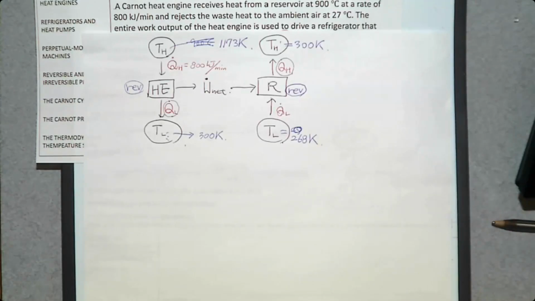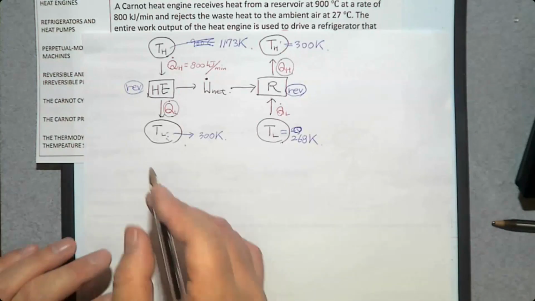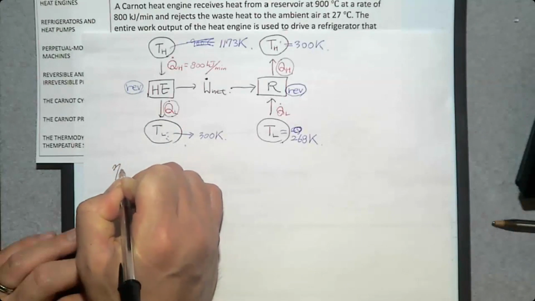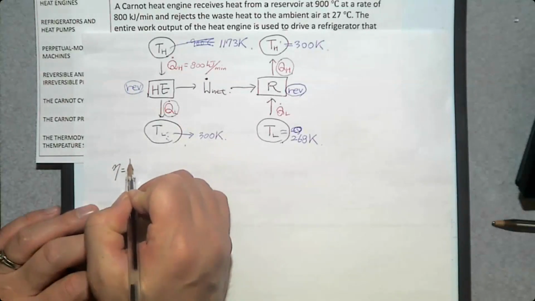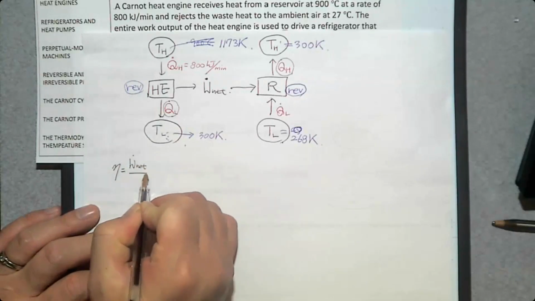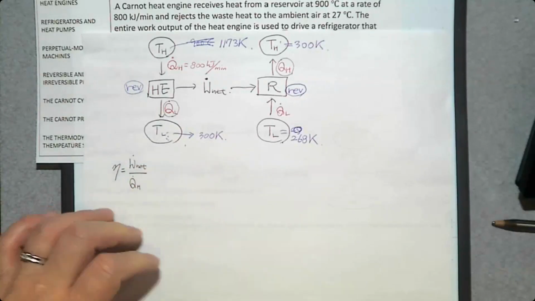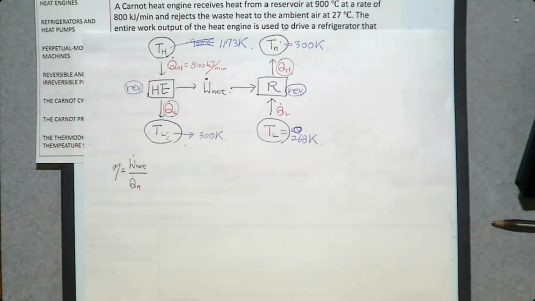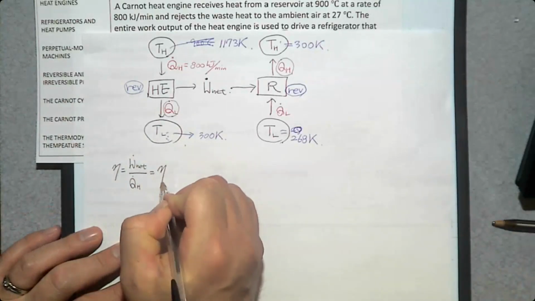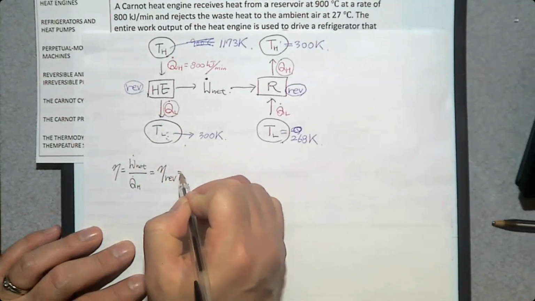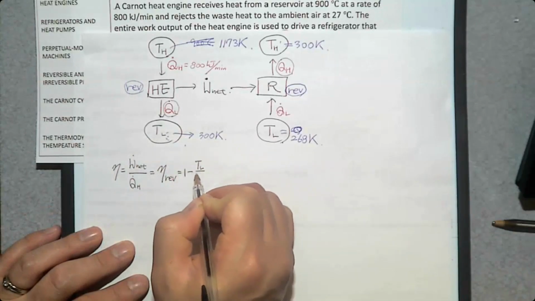So let's talk about this heat engine first. We know that this is a reversible heat engine. So if you want to determine its efficiency, you can first use desired output, W dot net, over required input, Q dot H. And this is an ideal heat engine, so we can determine this by the reversible efficiency, which is 1 minus TL over TH.